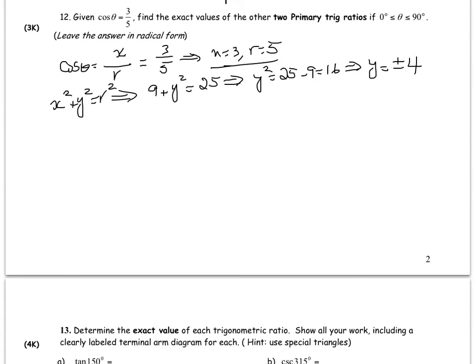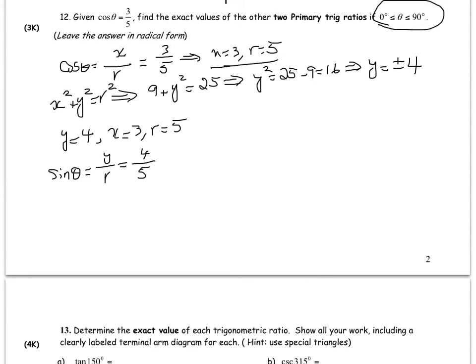But since we know that theta is in the first quadrant, because theta is between 0 and 90, this means that y can't be negative. So our answer is y is 4, x is 3, and r is 5. So I can say sine theta, which is y over r, is going to be 4 over 5. And tan theta is going to be y over x, which is going to be 4 over 3.